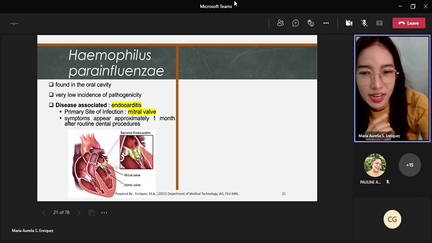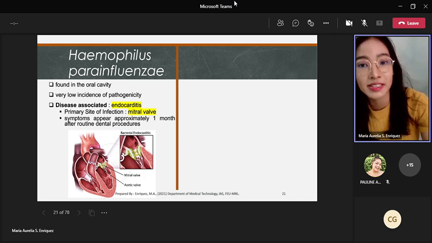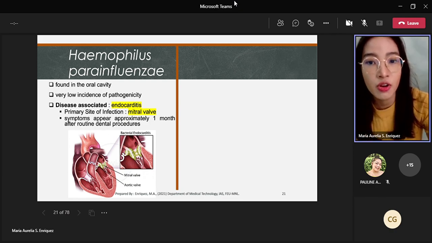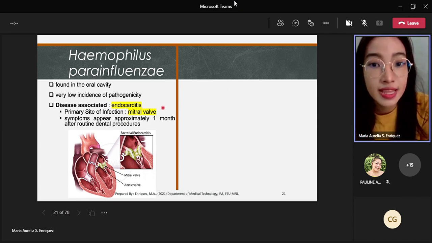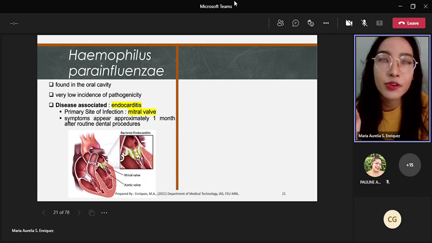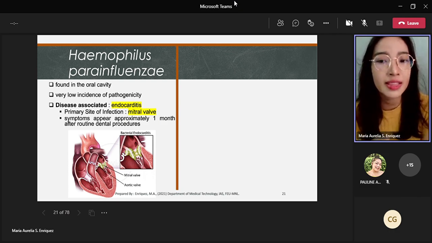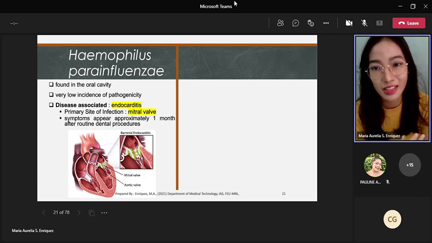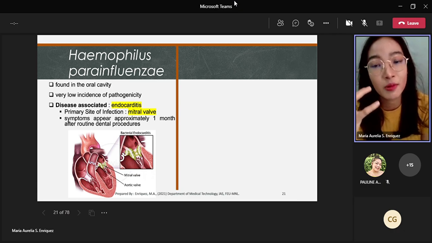So pwede siyang ma-isolate as normal flora of the oral cavity, and if given the opportunity, they may be able to cause endocarditis, specifically along the mitral valve of the heart. So meron din siyang specific area na ini-infect, which is the mitral valve. So from the oral cavity, up to 1 month after an improperly performed dental procedure, they can migrate to the heart and cause pathogenicity.